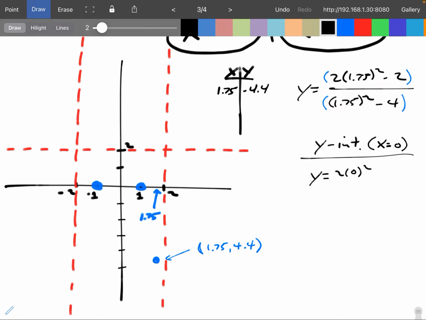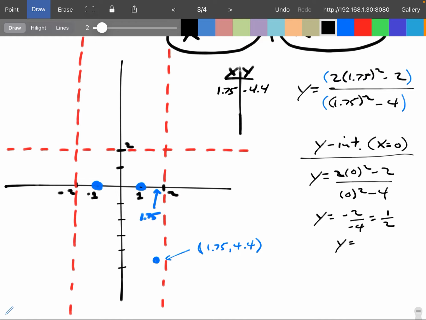So y equals 2 times 0 squared minus 2 all over 0 squared minus 4. 2 times 0 squared is 0, and 0 squared is 0, so all we have is negative 2 over negative 4, which is 1/2.